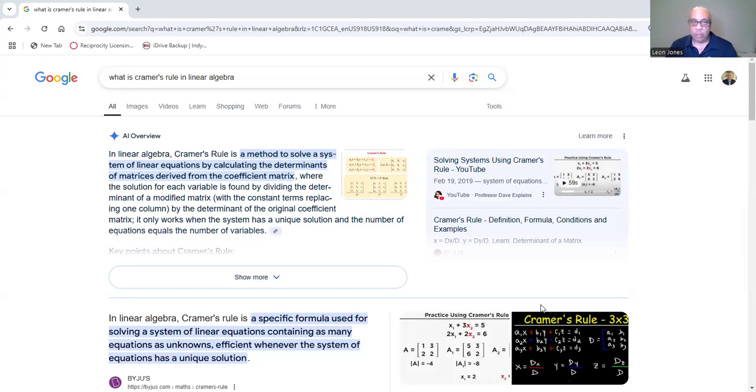Now, in linear algebra, Cramer's rule is a method to solve a system of linear equations by calculating determinants of matrices derived from a coefficient matrix, where the solution for each variable is found by dividing the determinant of a modified matrix, with the constant terms replacing one column, by the determinant of the original coefficient matrix. It only works when the system has a unique solution and the number of equations equals the number of variables. And that's basically it.